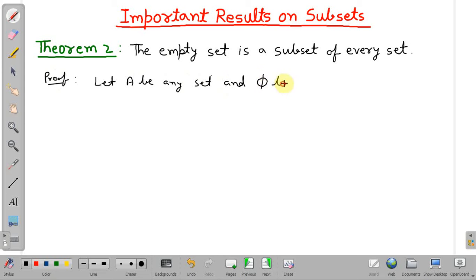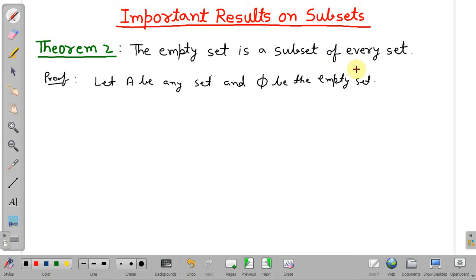So phi is the empty set. The empty set will be a subset of every set when every element of the empty set is an element of set A.